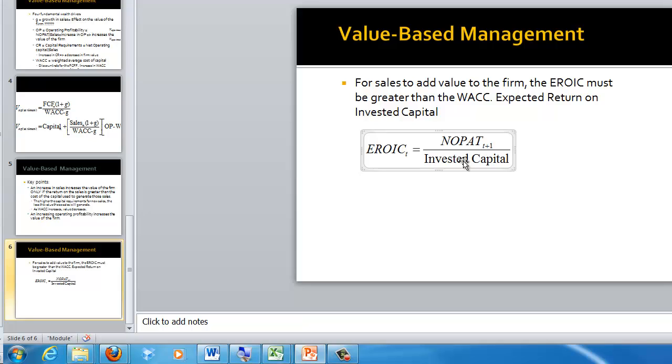So that's our expected return on capital. And by the way, invested capital is at time t. At the end of time t, how much capital we have invested. And so that's how we would calculate whether or not it makes sense to grow sales for the firm, if that's a good strategy. All right.